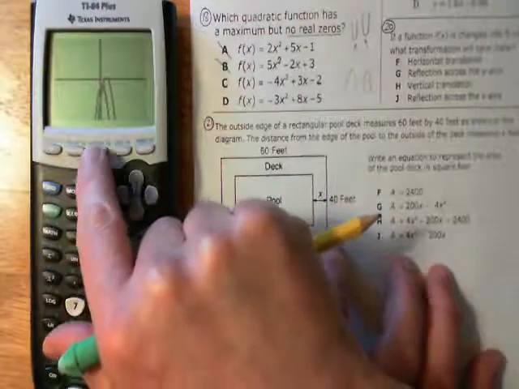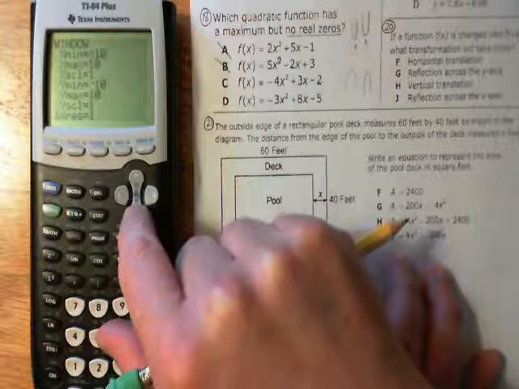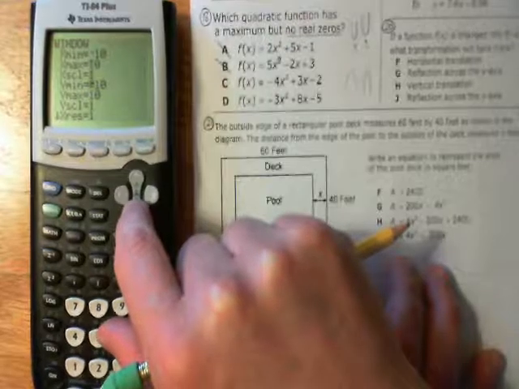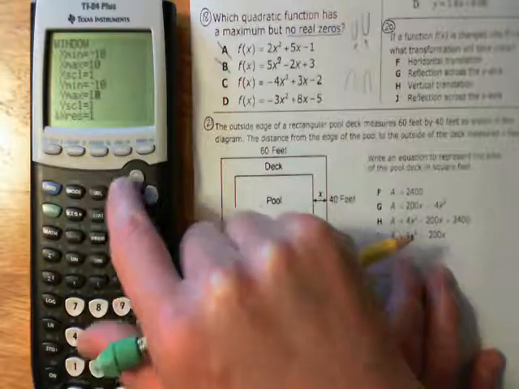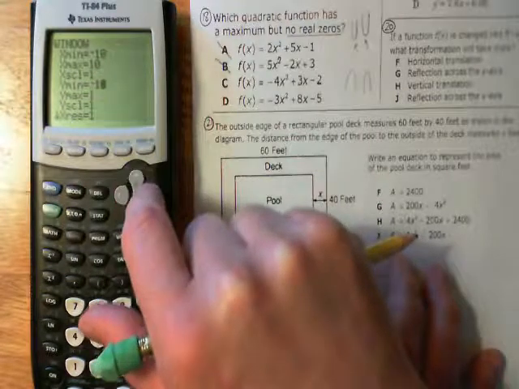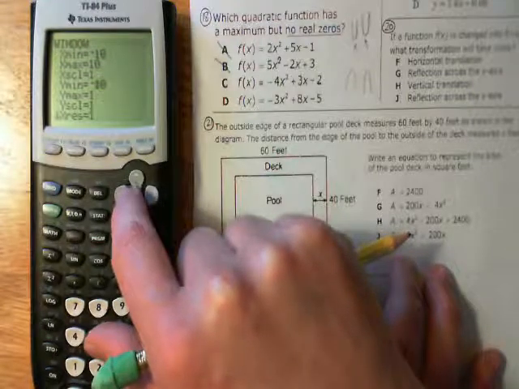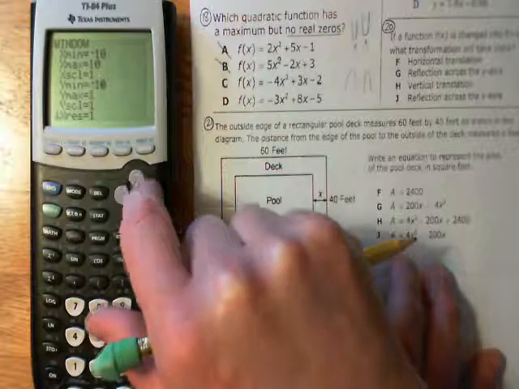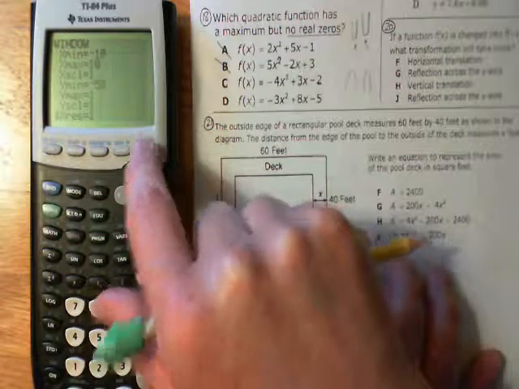So let's press window, and let's make the y minimum, let's say, negative 1, and the y maximum, let's say, 5. That should give us a closer picture of the graph.